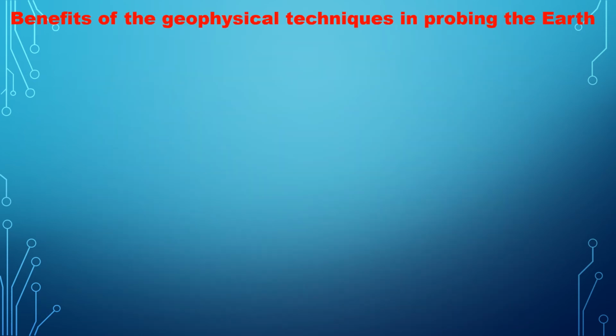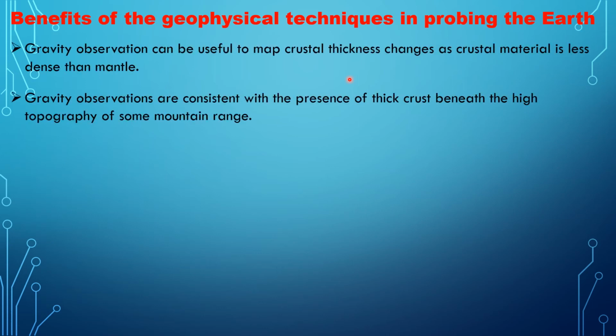Now let's talk about the benefits of geophysical techniques in probing the Earth. Up to now we have described gravity, magnetic, seismic, and heat flow. First, let's talk about how the gravity method is useful in probing the Earth. It can be useful to map the crustal thickness. We are talking about the crustal layer, 5 to 70 kilometers thick, and we already talked about how crust material is less dense than the mantle.